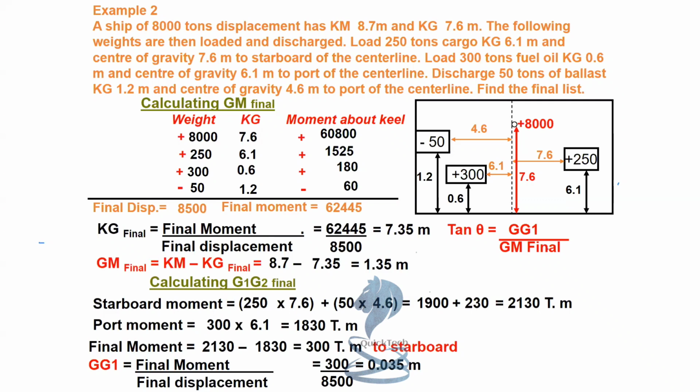So we have the value of GG1 is 0.035 divided by GM final 1.35, which is equal to 0.0259. So theta is equal to 1 degree 29 minutes, which is the value of list, and the direction is to the starboard as the final moment is to the starboard side.